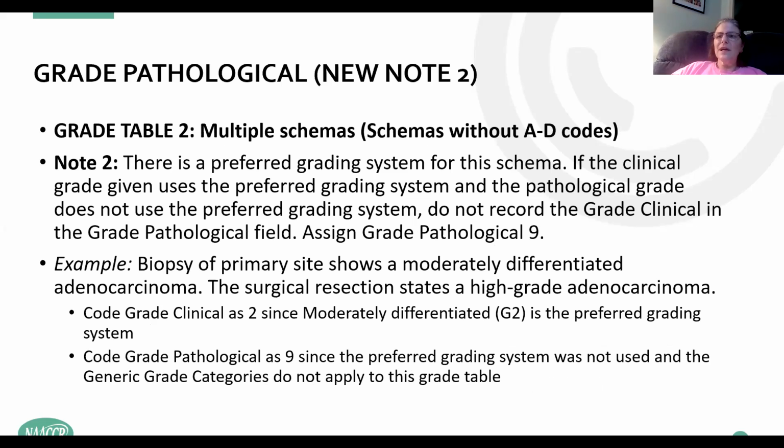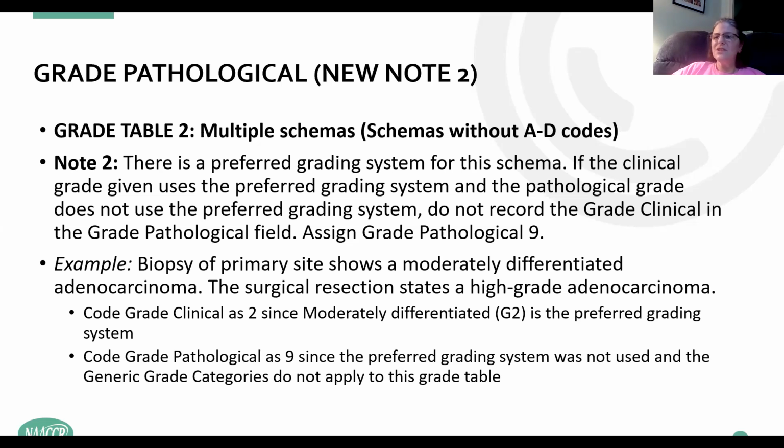So then we have multiple schemas that have this note. These are schemas without A through D codes. These are the colons, the lungs, the ones that use the nuclear grade coding. So you have a biopsy of primary site shows a moderately differentiated adenocarcinoma. So remember, we're in the nuclear grading preferred system.